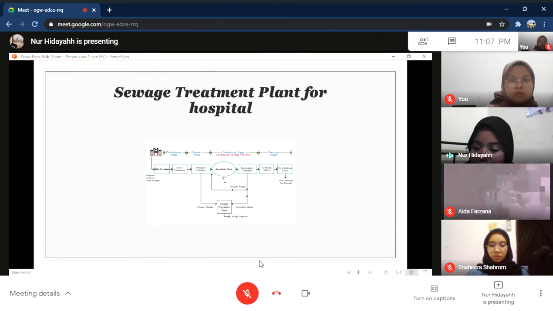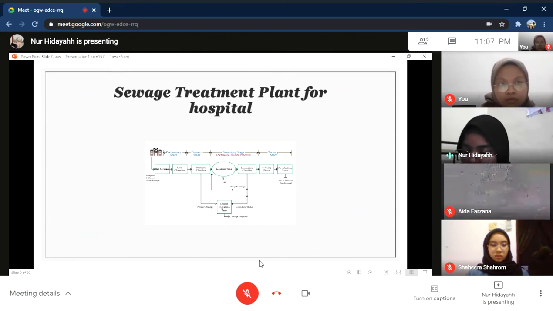If the water is not treated adequately, the harmful contaminants in the sewage are hazardous to human health and the natural environment. So a sewage treatment plant in a hospital is always necessary to reduce harmful impact on the environment.